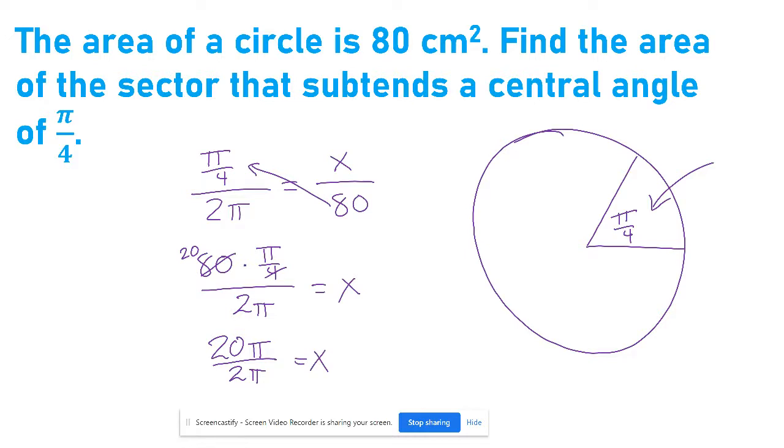And this works out really nicely because my pi's cancel out. I have 20 over 2. That's 10. So 10 equals x. So the area of that sector is 10 centimeters squared.